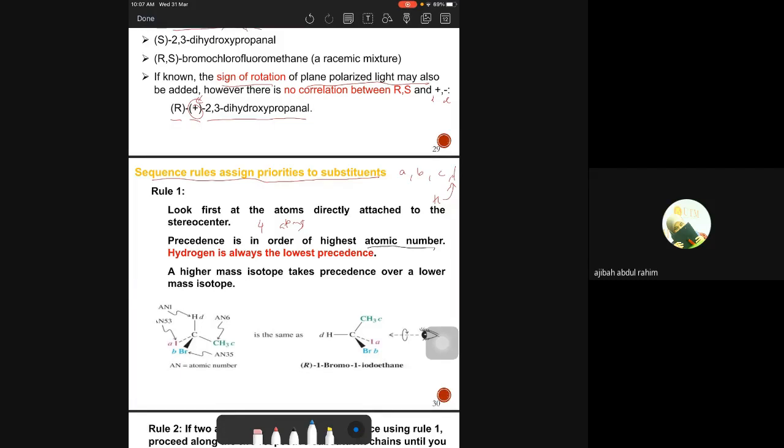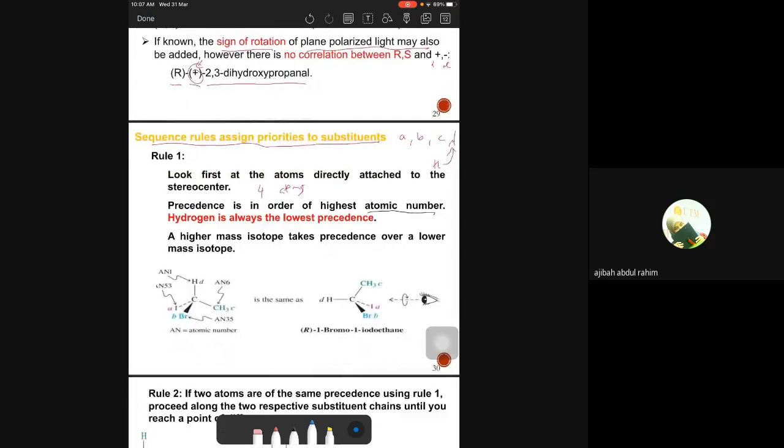Let's see here, for example, you have carbon with hydrogen, and then iodine, bromine, and also here you have CH3. But read the words carefully: look at the atoms directly attached to the stereocenter.